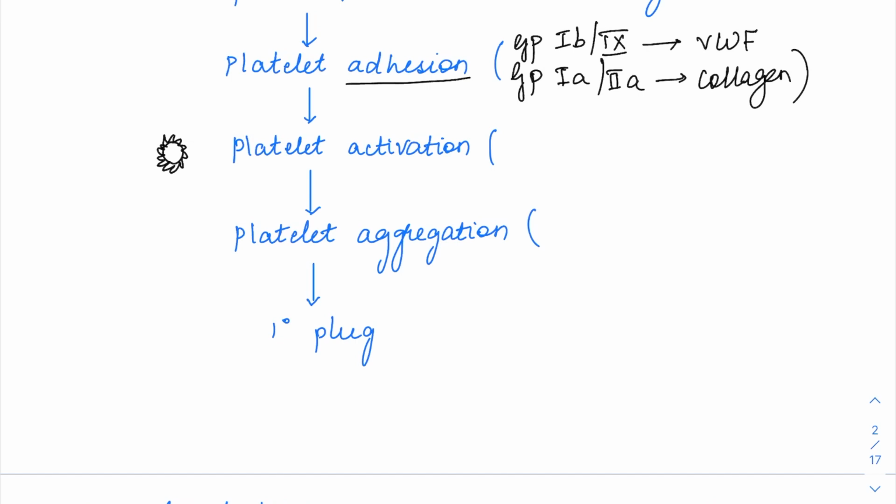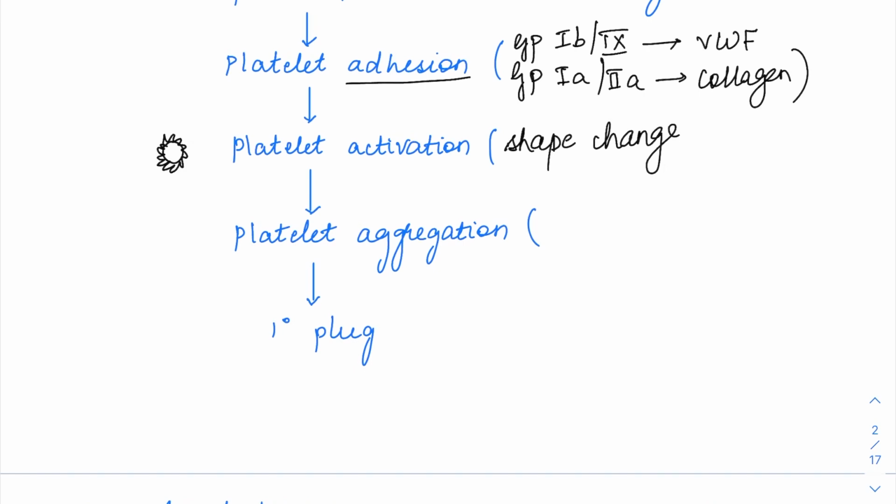This negative charge is very important, because only onto the negative charge can the clotting factors come and attach and initiate the clotting cascade. So platelet activation involves the shape change, wherein there is membrane flipping along with the formation of the sea urchin kind of morphology.